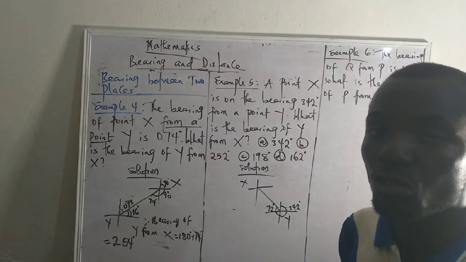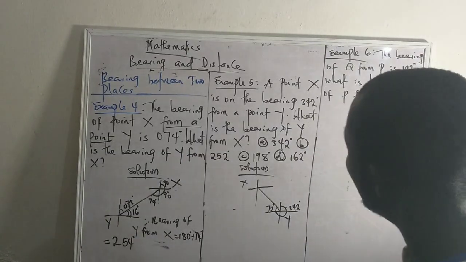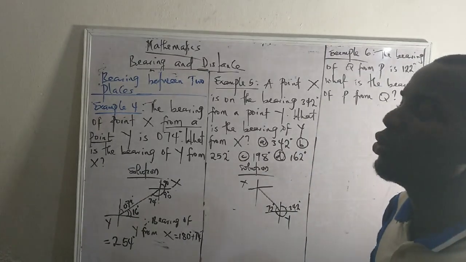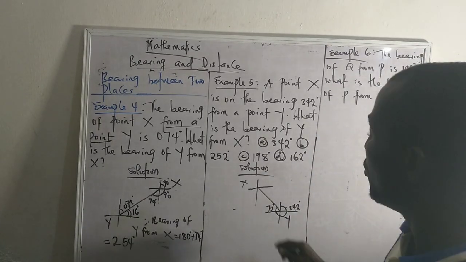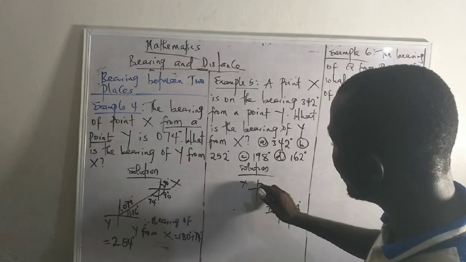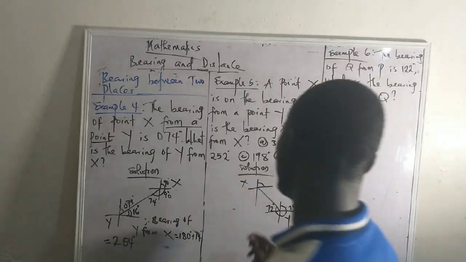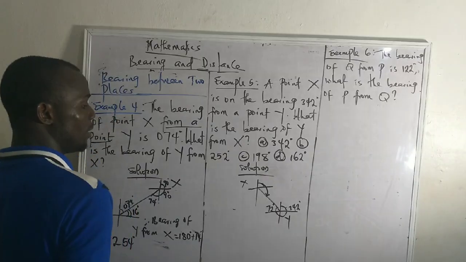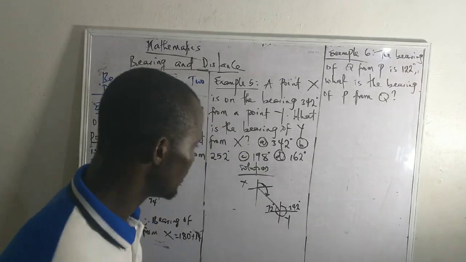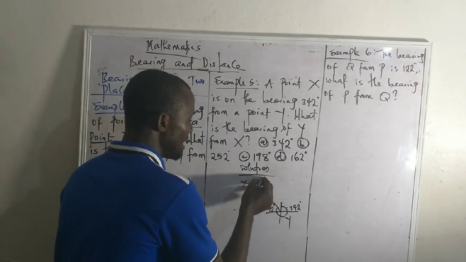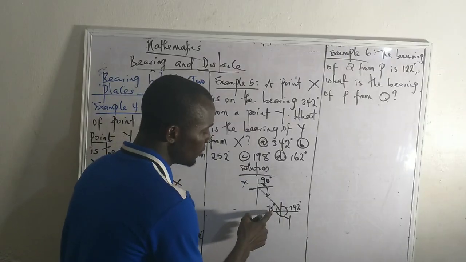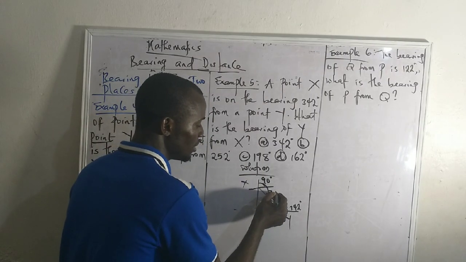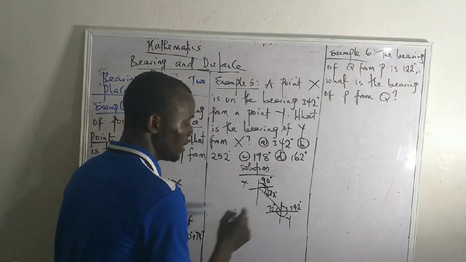If you add 72 degrees to 270, you would have 342. But now we are looking at the bearing from here to this particular place. What will it be? Already here is 90 degrees. And by alternate angles 72, this is also 72 degrees.